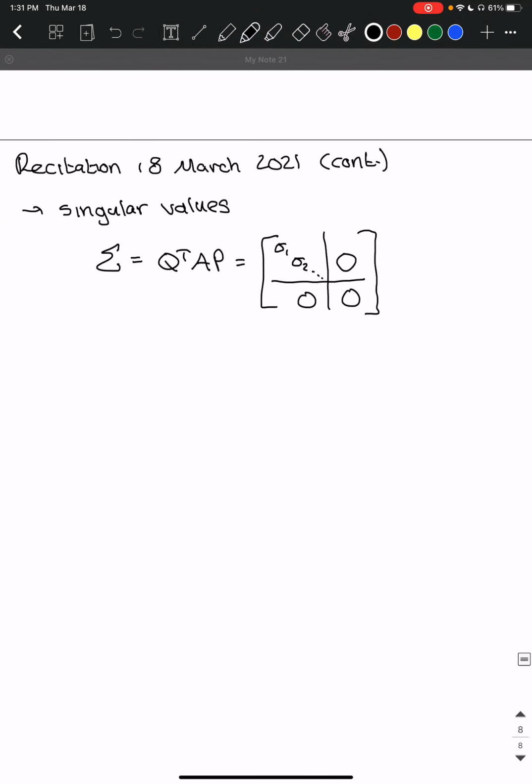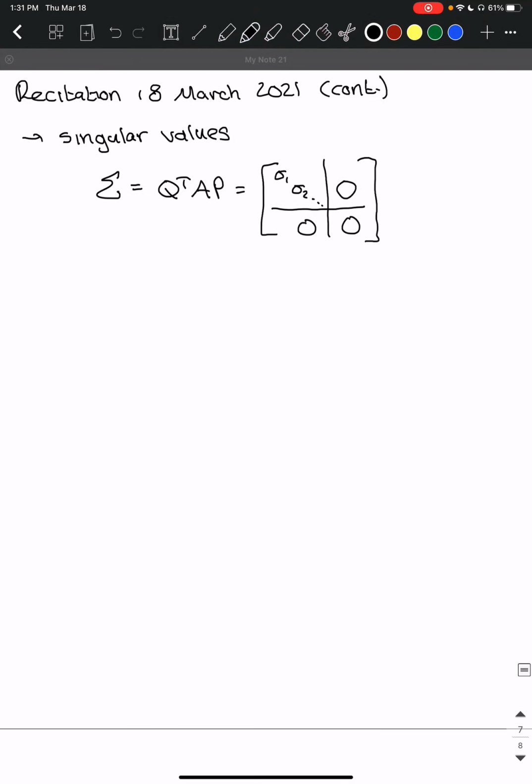We have a really simple matrix, sigma, equal to an original matrix A that we're given, multiplied on the left and right by some change of basis matrices to get us there, right? I think it's helpful before we find Q and P to do some dimensional analysis and just see what dimension everything is.